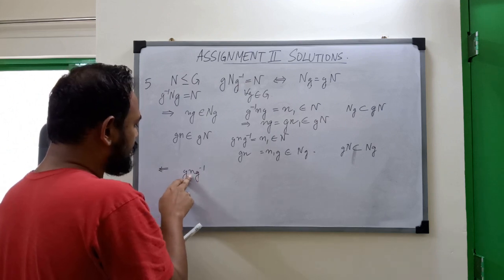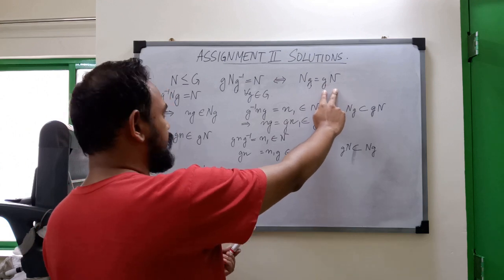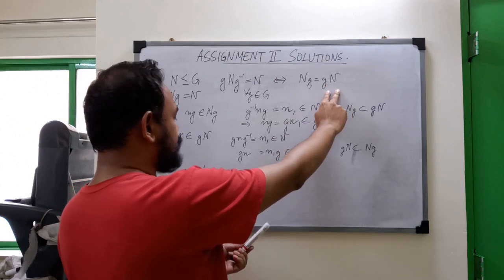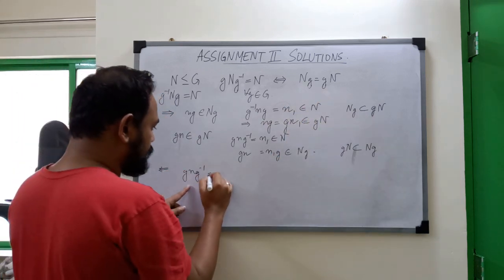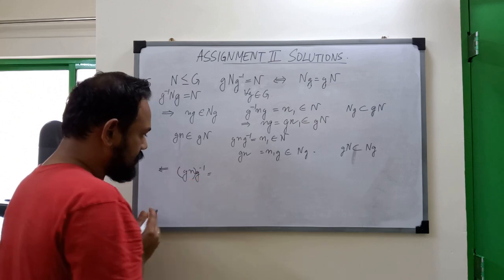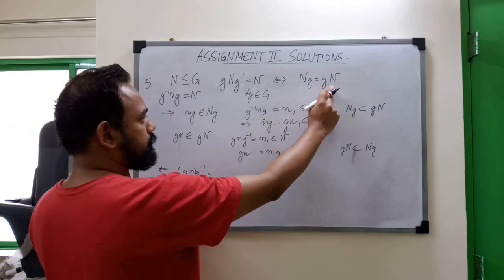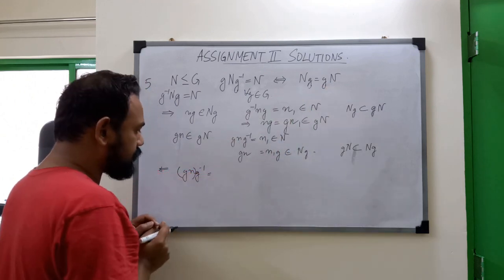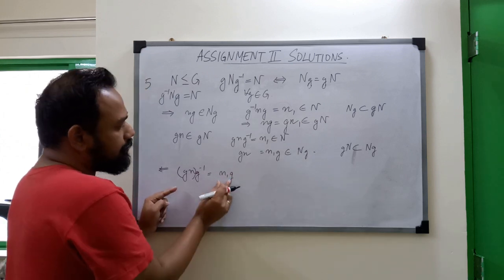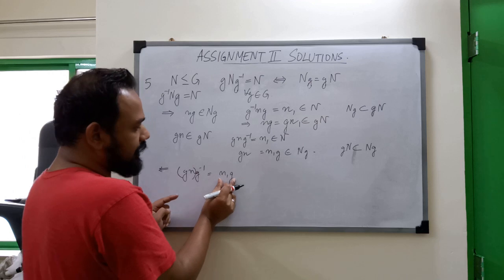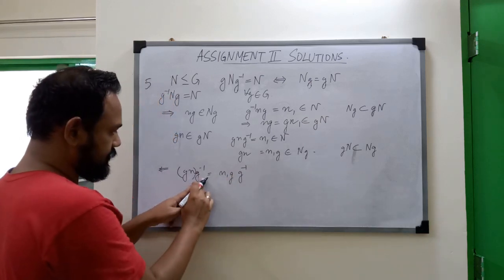Look, gn is an element of this left coset, which is equal to the right coset. So this element, being an element in the left coset, should be an element in the right coset. So this can be written as n1g, because elements of the right coset can be written like this. And then you have this g inverse here outside.